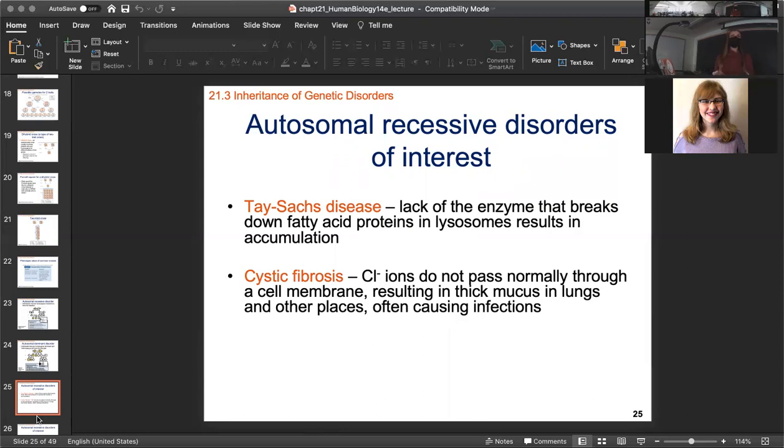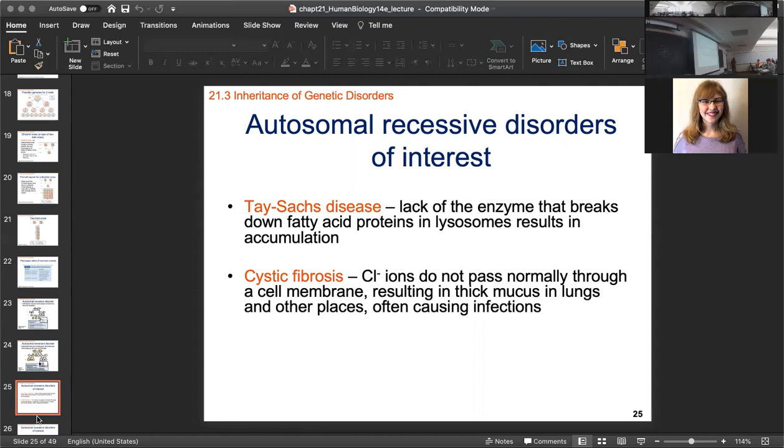This is a genetic disorder and it's passed down autosomal recessive. What that means is that you could have two unaffected parents that have a child that has cystic fibrosis. Well, what does that mean? So when we go through these steps to figure out what I'm talking about here, the first thing you should ask yourself is, what does it look like to have that disorder?